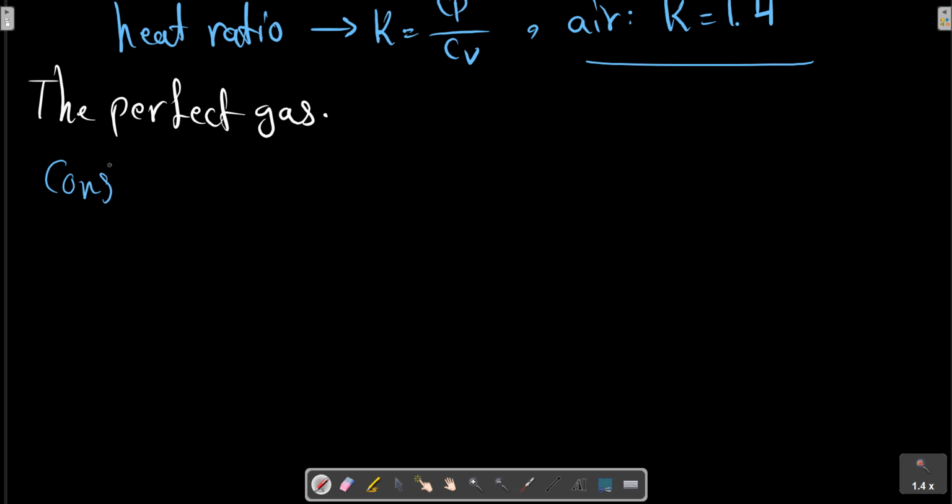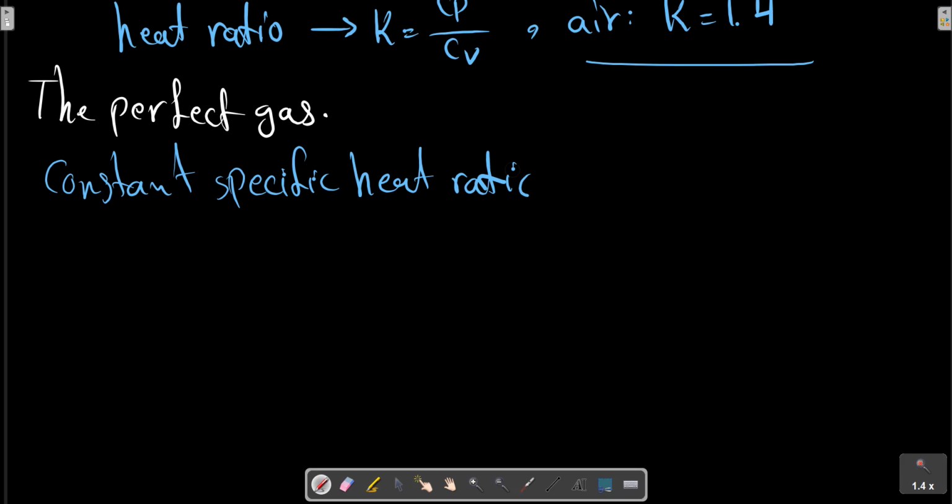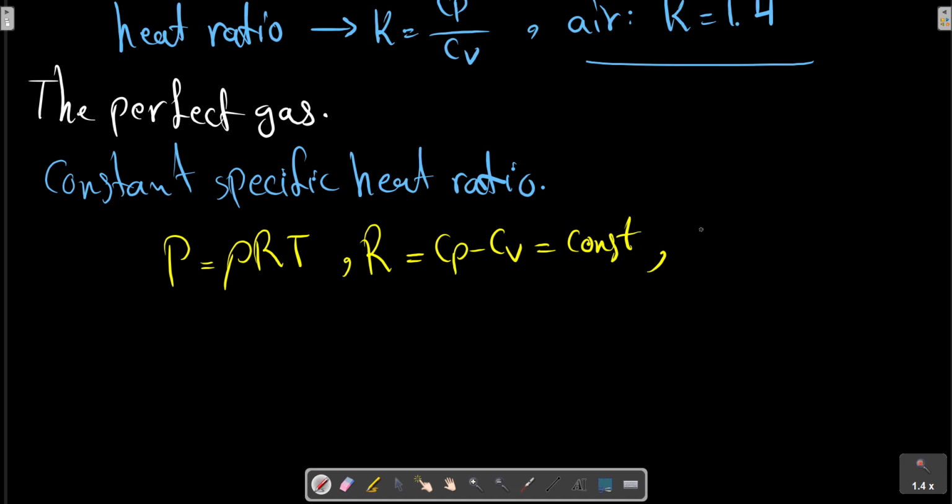constant, p equals to rho R T, and we have the specific heat ratio for any fluid.